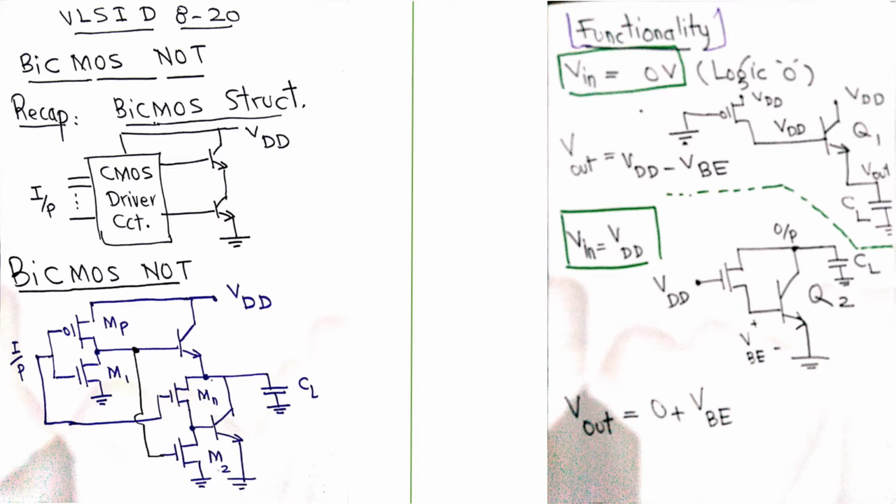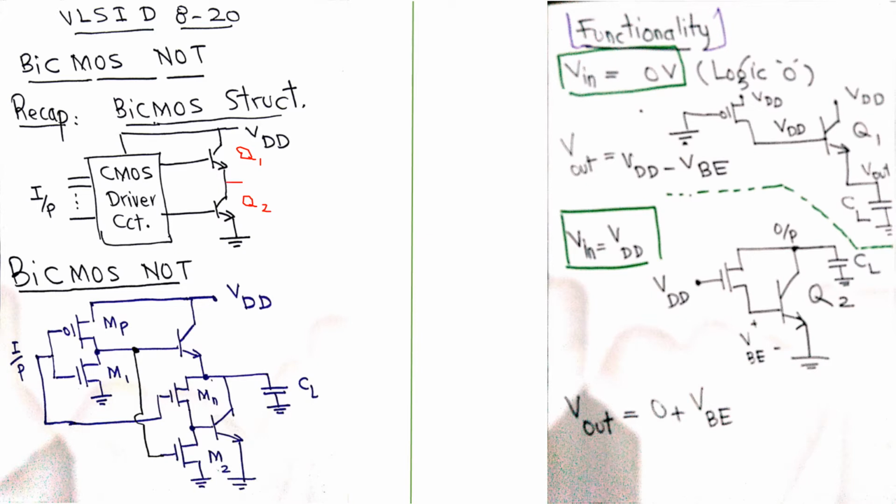It's a small recap of the last lecture in which we studied the general structure of a BiCMOS logic circuit, which contains a CMOS driver circuit in which the complete circuitry is CMOS based, and two transistors, namely this transistor, which was named Q1, and this transistor, which was named Q2.